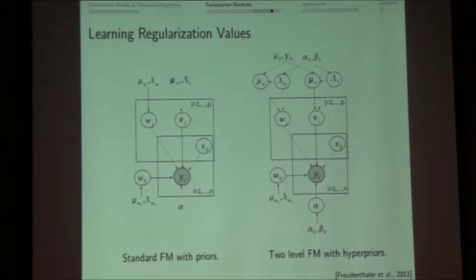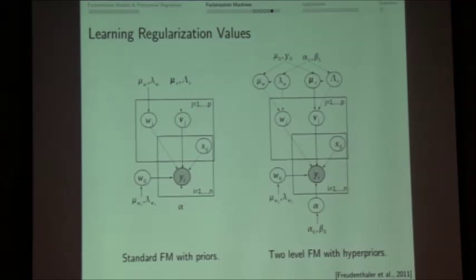So practically, what people typically do is choose one regularization value, train their model, then choose another one, train the model again, choose another one, train the model again, and in the end they keep the best. This is very time consuming, especially if you have a lot of regularization values, and this is of course exponential.